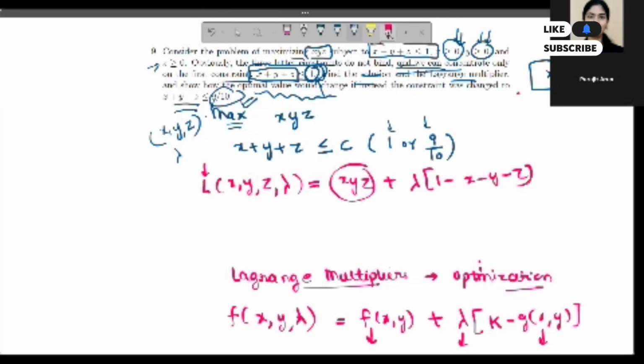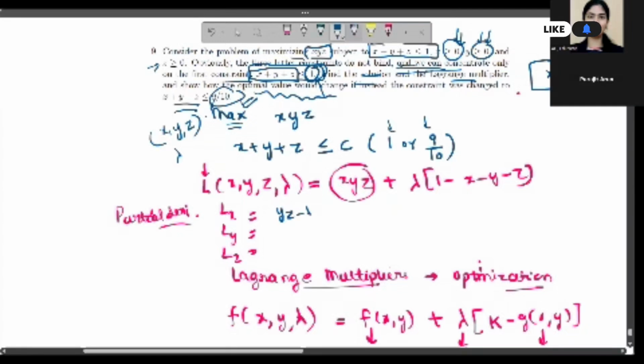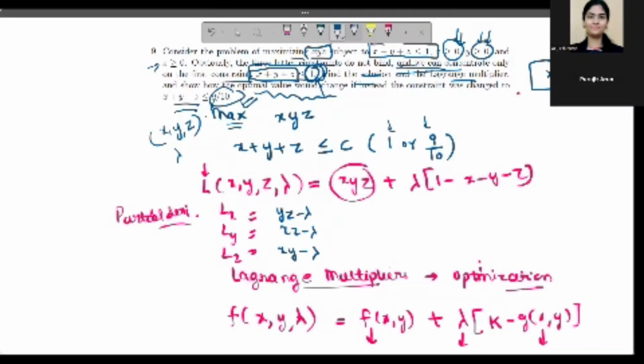Now the partial derivative fx is going to be yz minus lambda. Fy is going to be xz minus lambda. Fz is going to be xy minus lambda. F lambda is going to be 1 minus x minus y minus z.